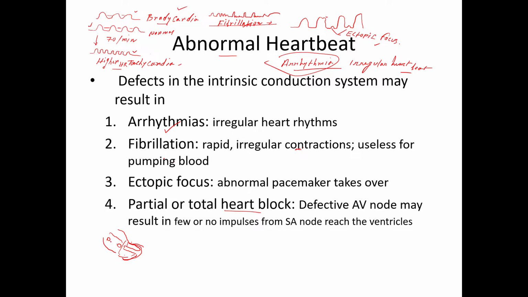So you know that from SA node the signal goes to AV, then from AV through the AV bundle, then bundle branches right and left, then to the wall of the heart. So if SA node is non-functional, that is first degree heart block.